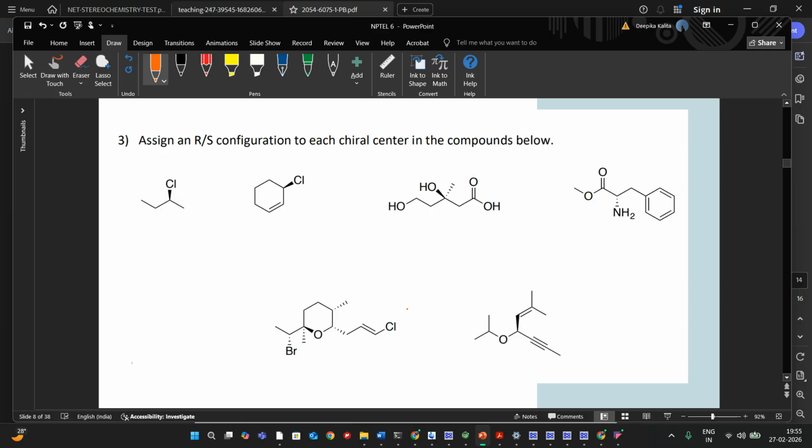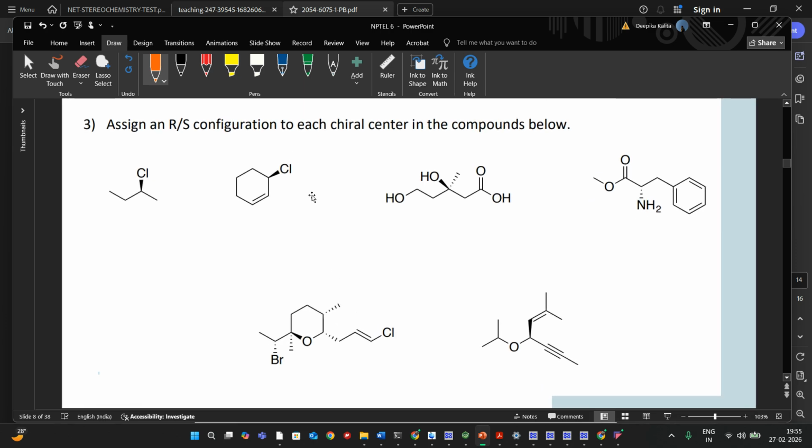Also note down that some of these molecules are going to have more than one asymmetric center. So you will have to assign RS configuration to each of such asymmetric carbons. Okay.